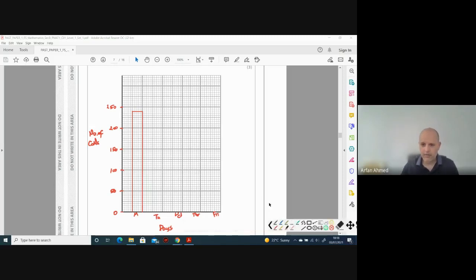And then, let me just go up, 140. Which is, again, 2 squares below that. Try to be as accurate as possible. Slightly wonky. That's better. Okay.